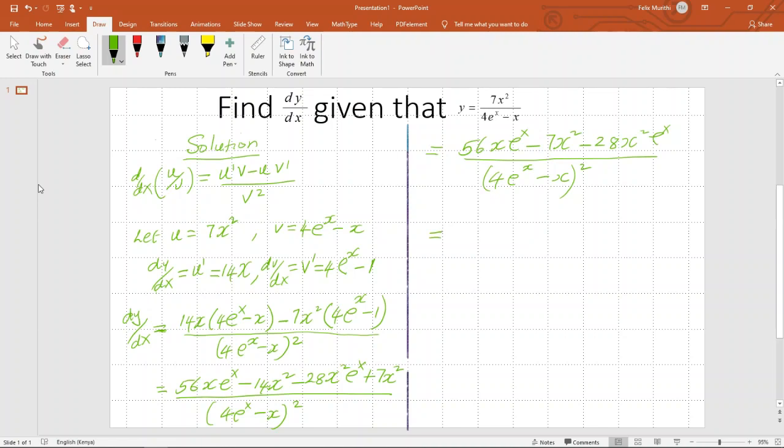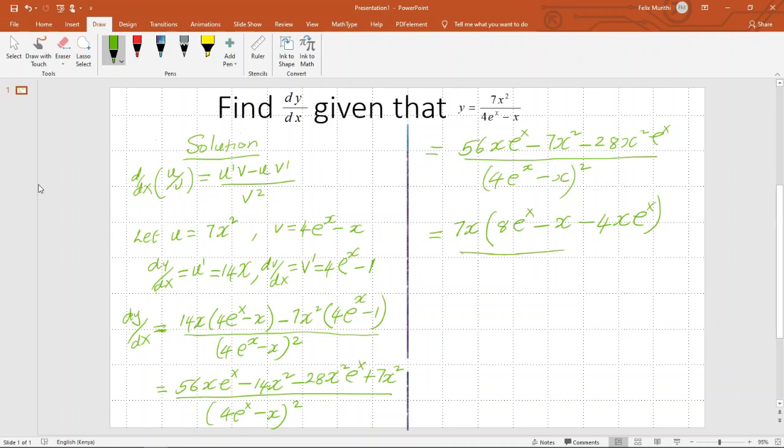For the numerator, there is a common factor, and that is 7x. So we can take 7x outside. In the first term we will have 8e^x minus x, minus, factoring 7x here, we'll have 4x e^x.